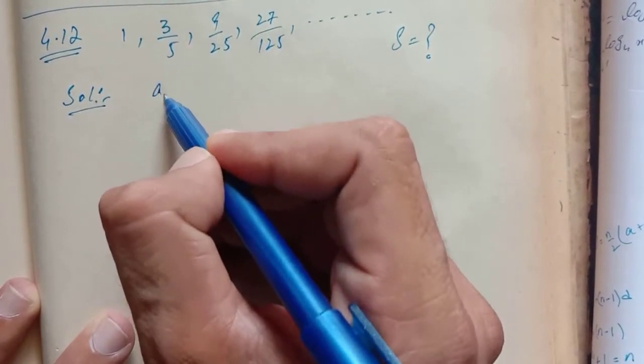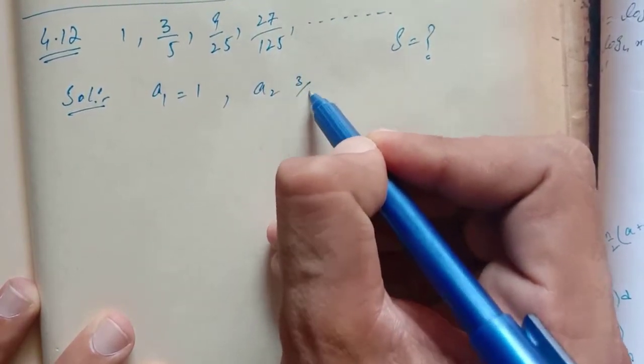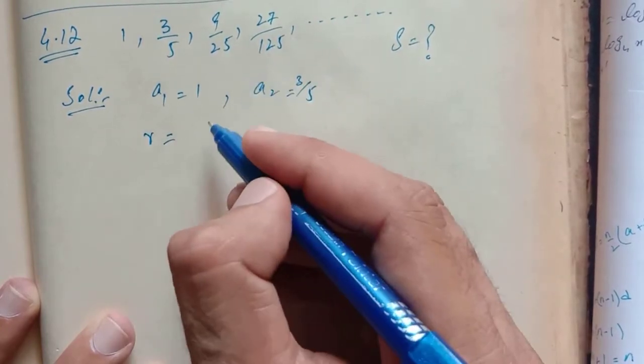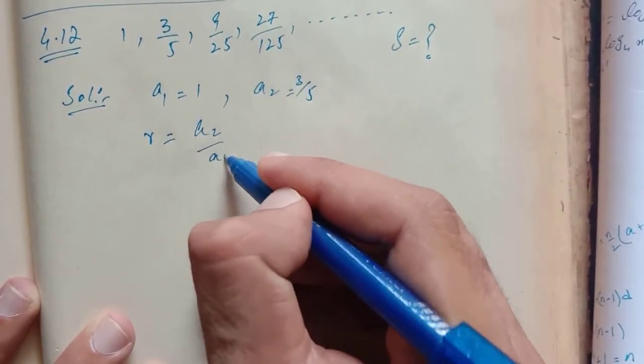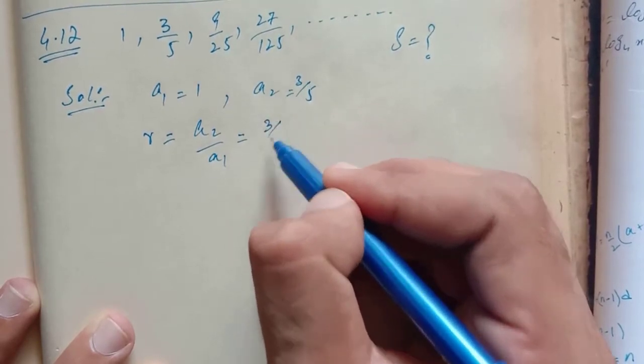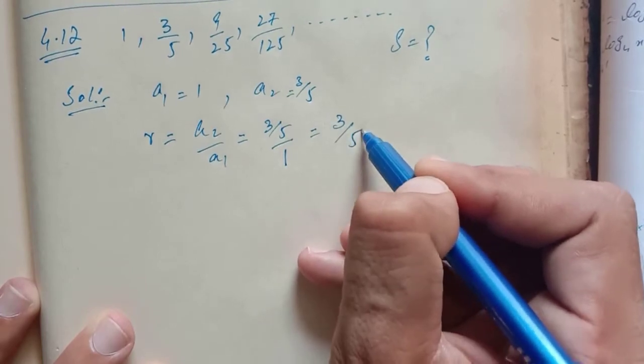So let a1 equal to 1 and a2 equal to 3 by 5. Now ratio equals a2 divided by a1, this equals 3 by 5 divided by 1, which equals 3 by 5.